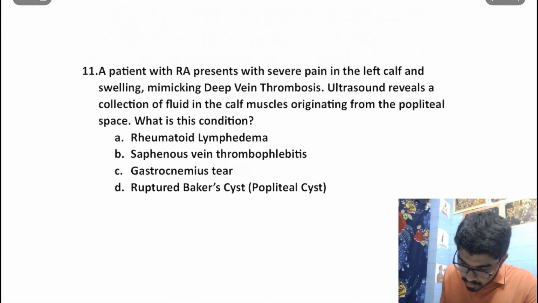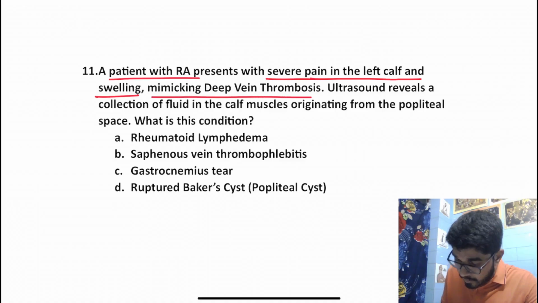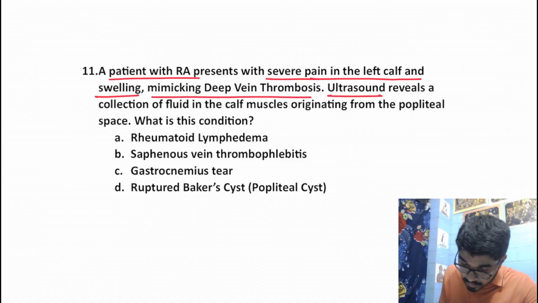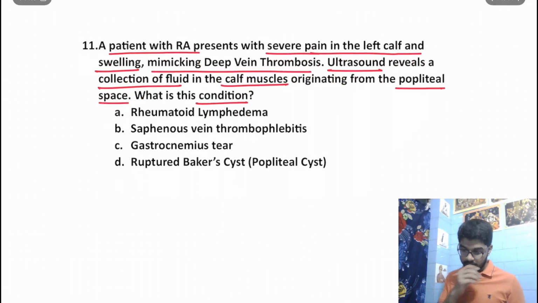A patient with rheumatoid arthritis presents with severe pain in the left calf and swelling, mimicking deep vein thrombosis. Ultrasound reveals a collection of fluid in the calf muscles originating from the popliteal space. What is this condition? Now, this is a very characteristic description.